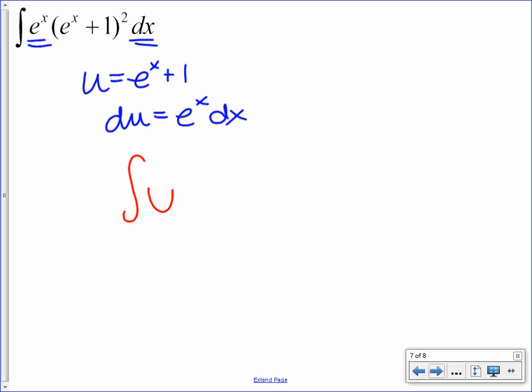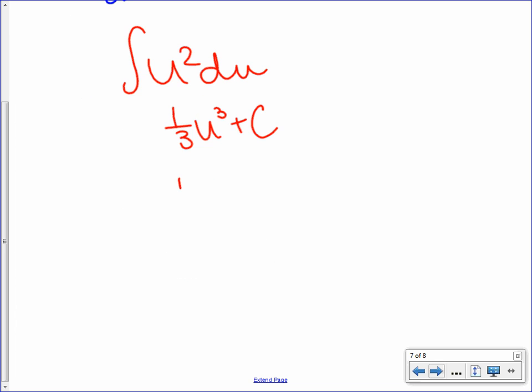Never say that again. Yeah, don't say that. Okay, Emma, what is this antiderivative? 1/3 u cubed plus C. That wasn't actually that bad. Why couldn't we do that one earlier? Yeah, that one looks spooky at first, but now it's just easier.